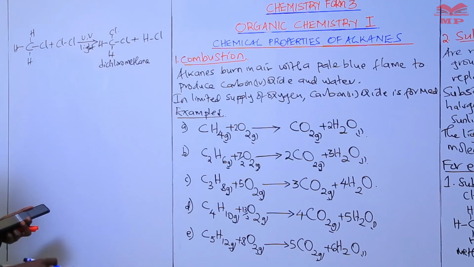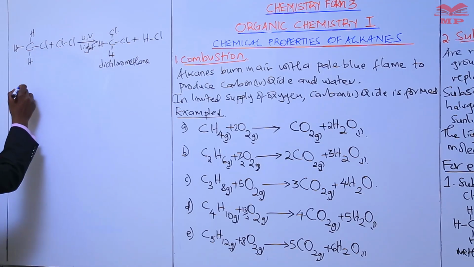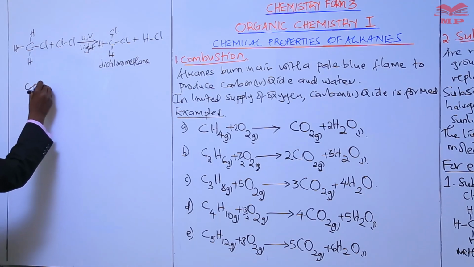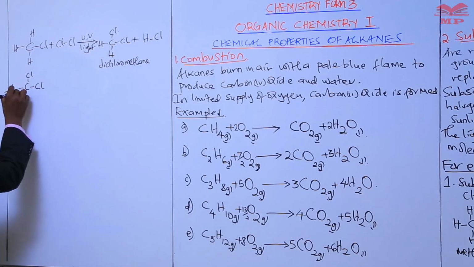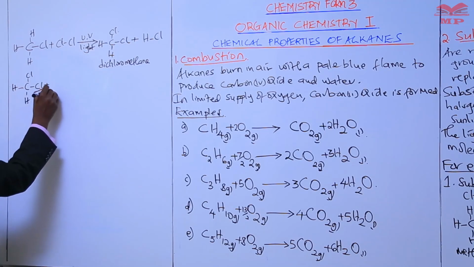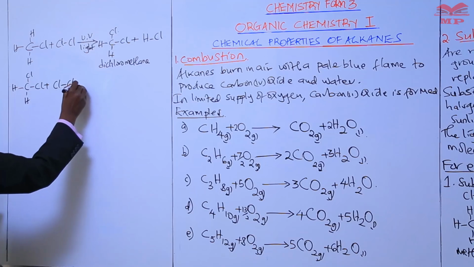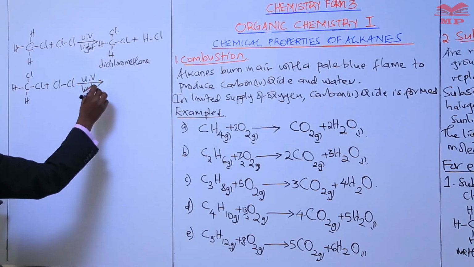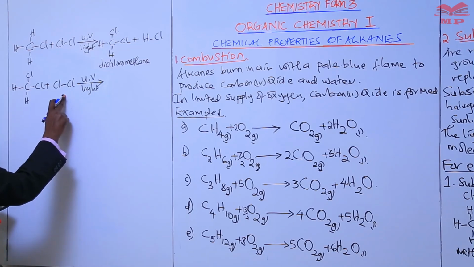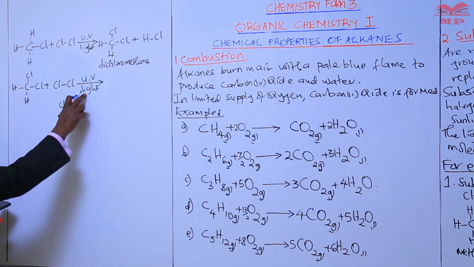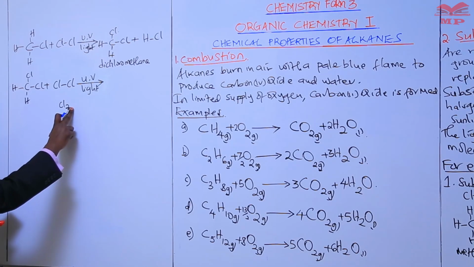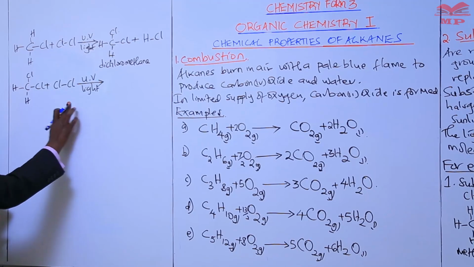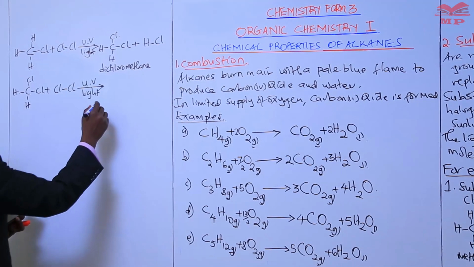This dichloromethane undergoes further substitution in the third step, reacting with more chlorine, of course, in the presence of sunlight or UV light. And once again, the light will break down the molecule. Remember, initially it is chlorine gas, but because of the light, this chlorine gas or molecule will break down into two atoms, which are illustrated in the equation for easy understanding.